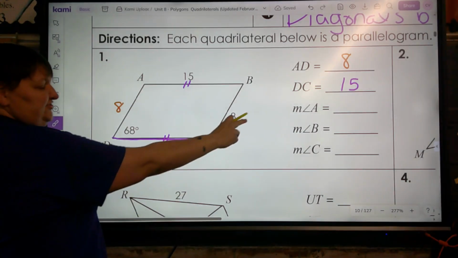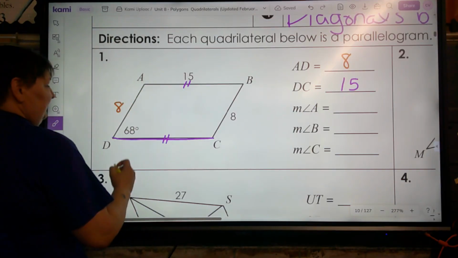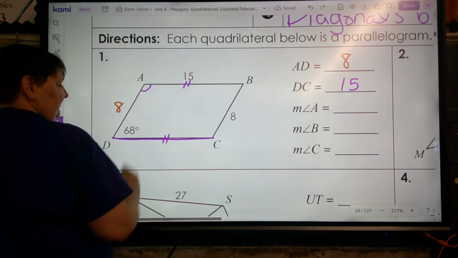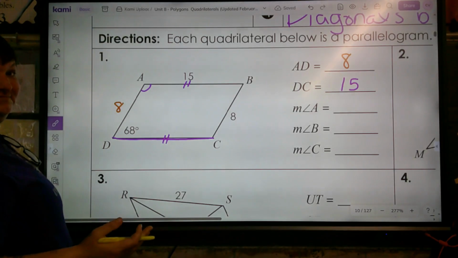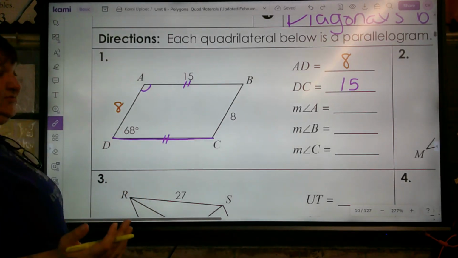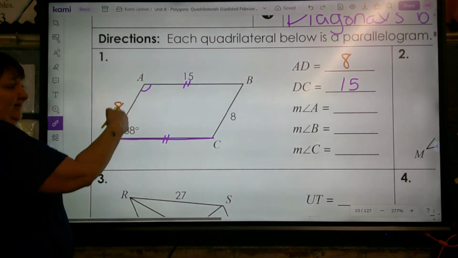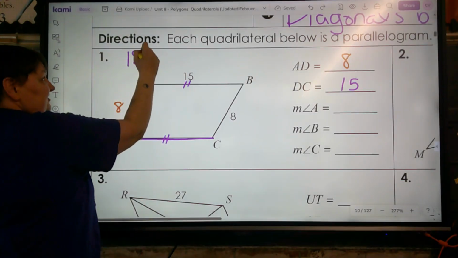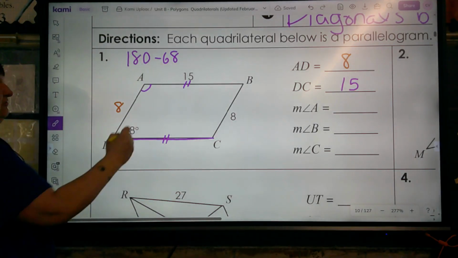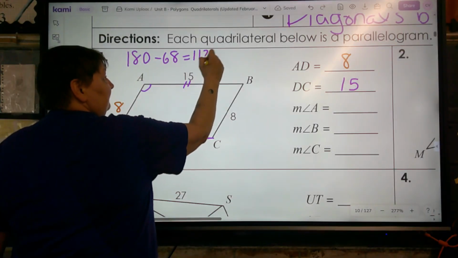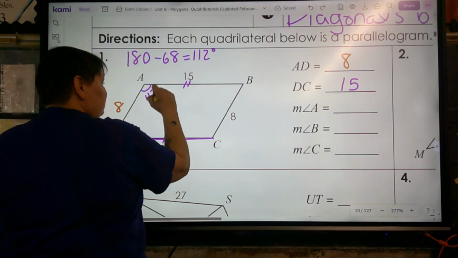We're looking for the measure of angle A. We're looking for this one. A couple of different ways we could figure it out. The easiest is we know it's supplementary. It has to equal 180. So 180 minus 68 is 112. So this has to be 112.